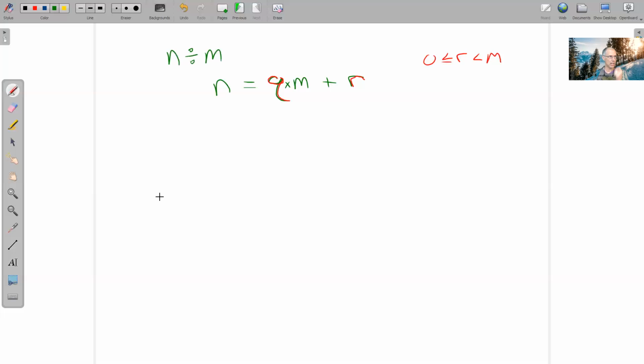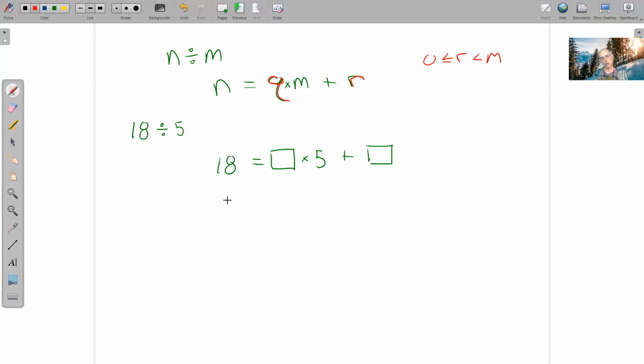So let's take, how about, 18 divided by 5. So according to this, 18 is my n. We should be able to rewrite 18 as some number times 5 plus some other number. Now, there's lots of ways that can happen.